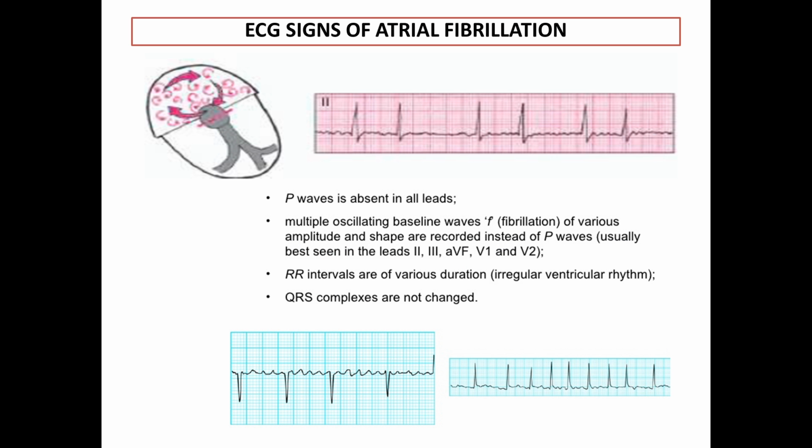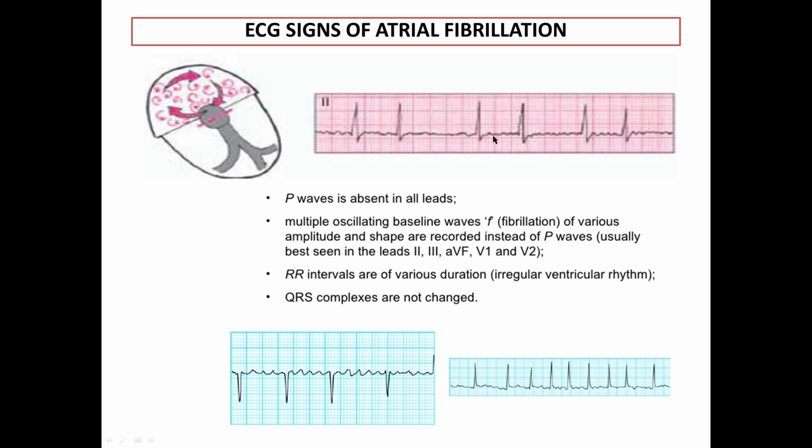That's why on ECG in atrial fibrillation, for example, here is atrial flutter on the second picture. This is atrial fibrillation. Here you see also atrial fibrillation. On ECG, you see P wave is absent.